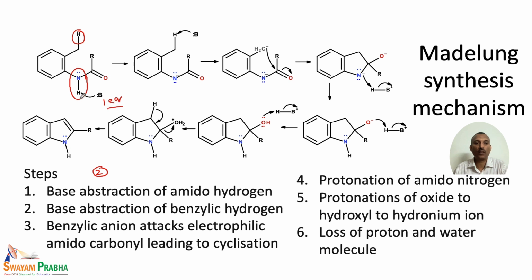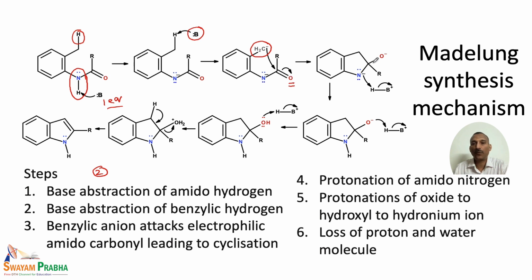The first equivalent is used to abstract the amido hydrogen, and once this is abstracted, the second equivalent of the base is used to abstract the methyl hydrogen, and this leads to our actual reaction. So, an anion is formed, and this anion can now attack the electrophilic carbon, and this oxygen, being electronegative, pulls the electrons towards itself.